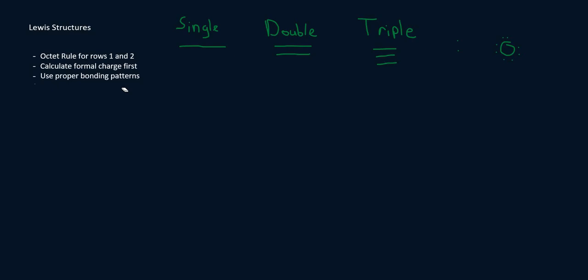I'm thinking specifically about elements like nitrogen, carbon, oxygen, halogens. Those definitely feel the most stable when they have 8 electrons around them. And that's sort of the basis of covalent bonding.